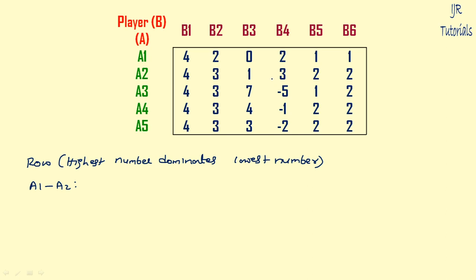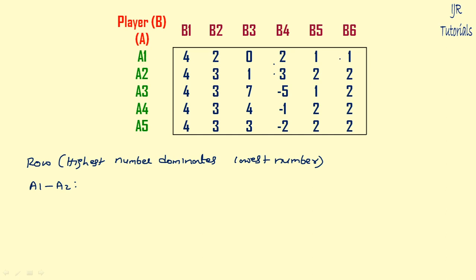Next one: A1 is 2 and A2 is 3, so 3 is dominating 2. If we take these 4 numbers, A2 is completely dominating A1. Next one: A1 is 1 and A2 is 2, so 2 is dominating 1. Up to 5 numbers, from B1 to B5, A2 is completely dominating A1.